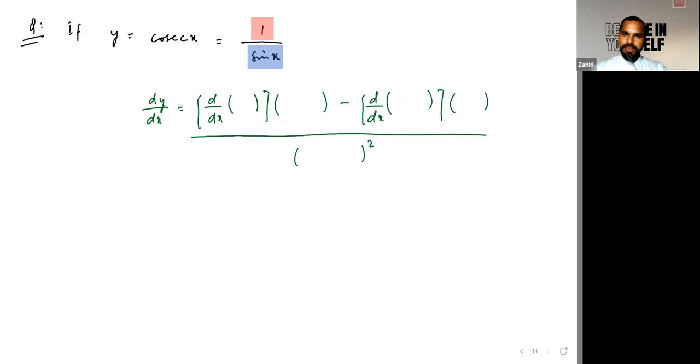Try to put each term in its respective position and simplify it, you will get your answer. Try to solve.